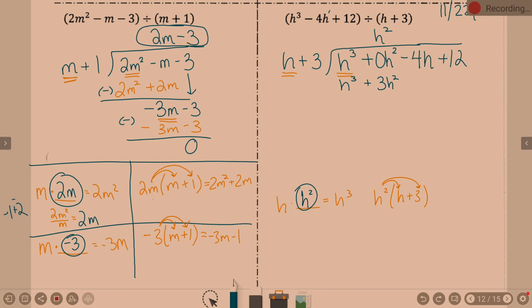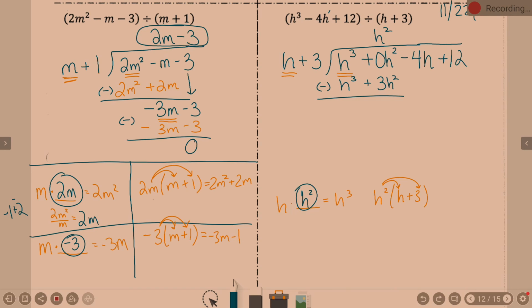So, h to the second times h was h cubed. H to the second times 3, 3h squared. Now we're going to subtract. H cubed minus h cubed is 0, right? As they should be. What's 0h squared minus 3h squared?